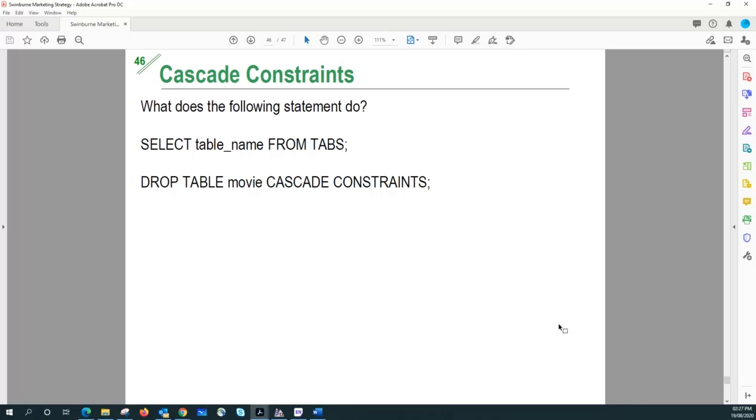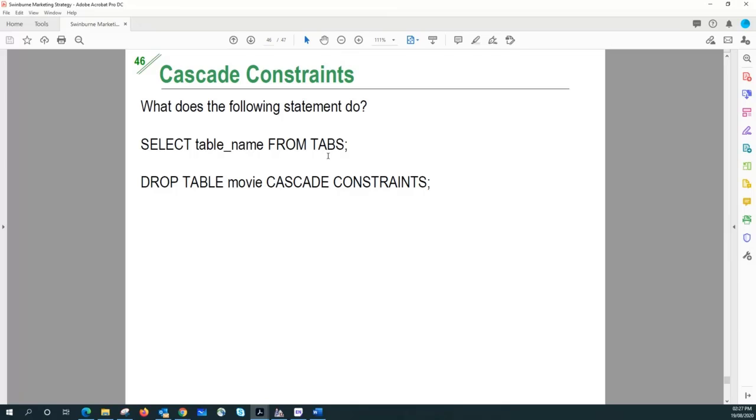So what we can do is use the cascade constraint statement to delete any table as we wish, right? For example, here I try to find out what tables we have in our database. So I simply access the data dictionary. Remember the data dictionary table: select table_name from tabs.